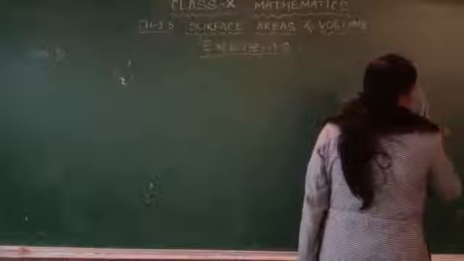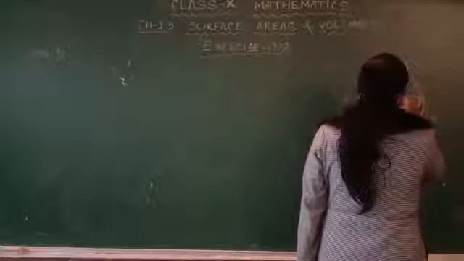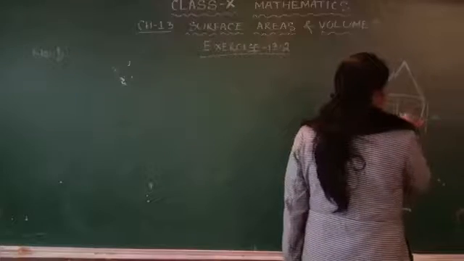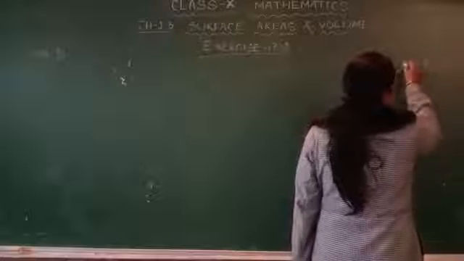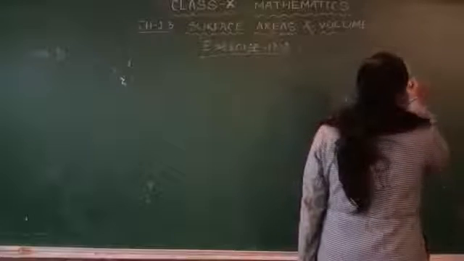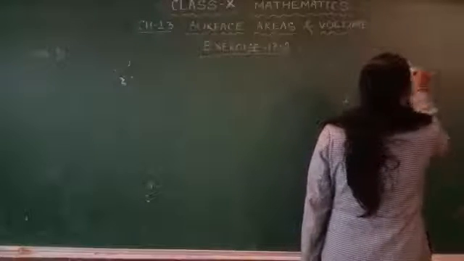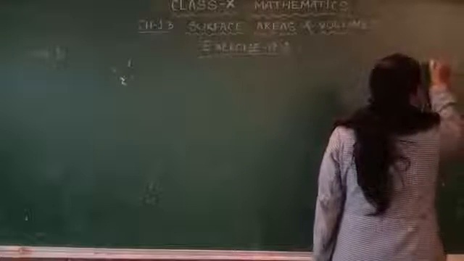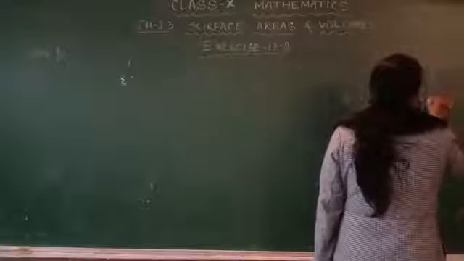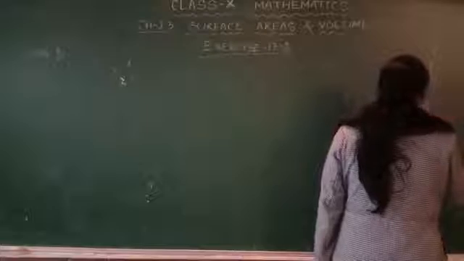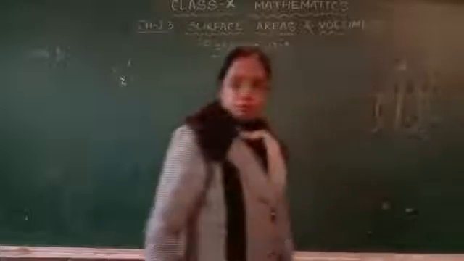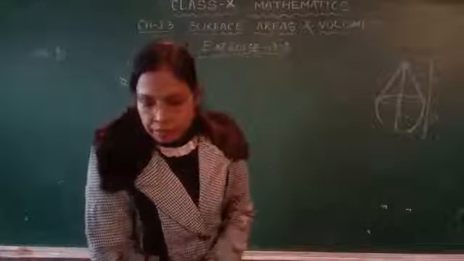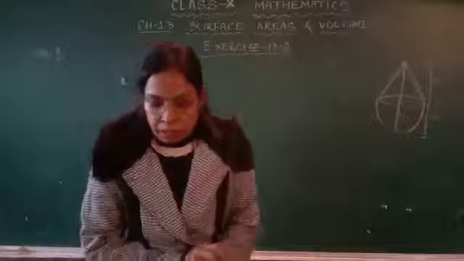So that means the radius is 1 centimeter, and the height of the cone is also 1 centimeter. This is also 1 centimeter. Then find the volume of the solid in terms of pi.